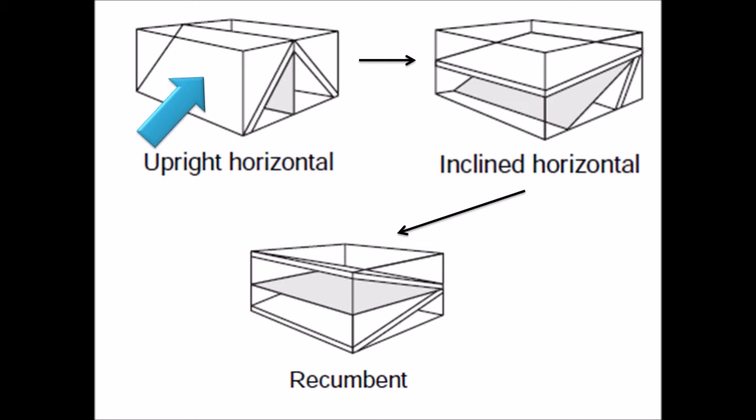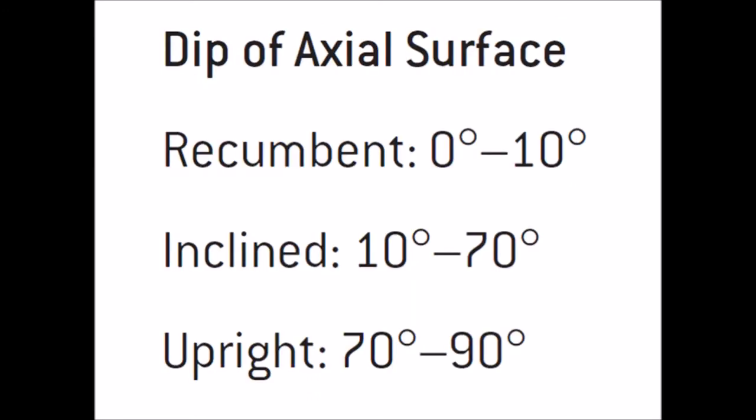In the third figure, the axial plane is horizontal as well as the hinge line, so this forms a recumbent fold. So based on the dip of the axial surface, we could have a recumbent fold where the dip of the axial plane would be near horizontal, ranging from 0 to 10 degrees. Then we have an inclined fold where the axial surface dip ranges from 10 to 70 degrees. And finally an upright fold if its axial surface has a dip of 70 to 90 degrees.